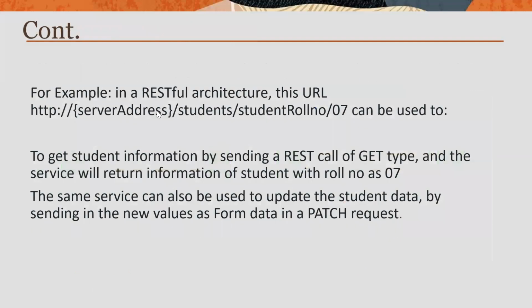As I said, the general REST URL will be like this. Here it is HTTP, and if it is a secured one, it will be HTTPS, then the server address and then the path. If it is students, we'll get student information, and if it is staff, we'll get staff information, or courses or something.